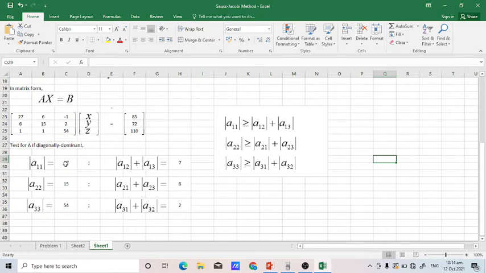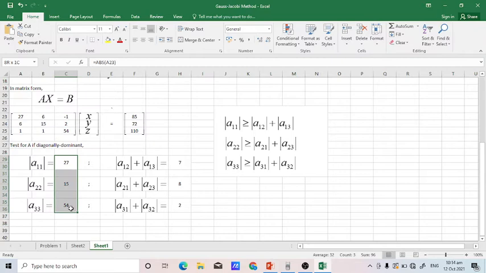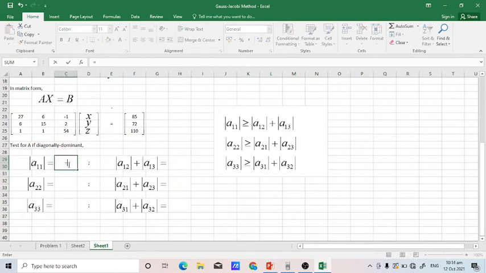Ano yung value ng A11? A27. Okay, kunin natin yung absolute value. Let's say, halimbawa, di natin alam yan. Okay. Tapos ito, hindi natin alam yan. So, A11 greater than or equal to A12 plus A13. Hanapin muna natin. ABS for absolute value.